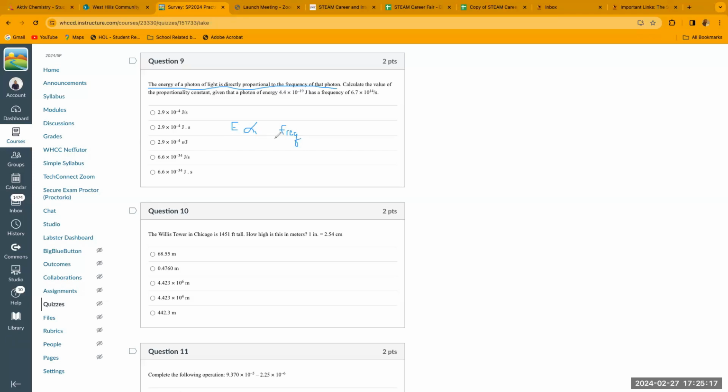Okay, so since these are directly proportional to each other, we can make them equal by putting in a constant. We're going to use that constant K. So K times freq will equal energy.